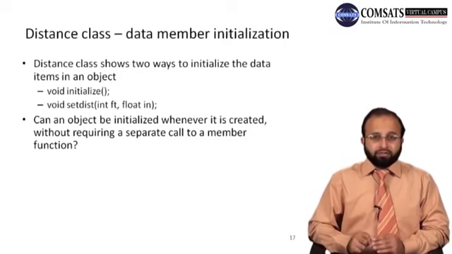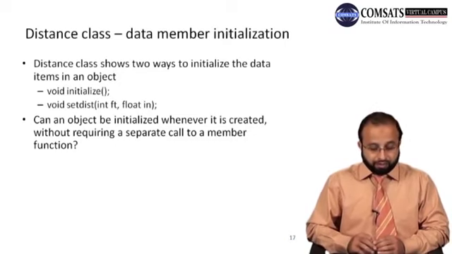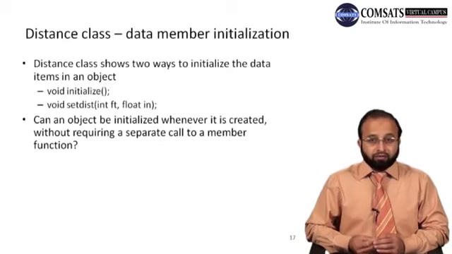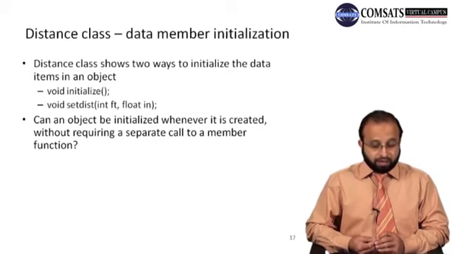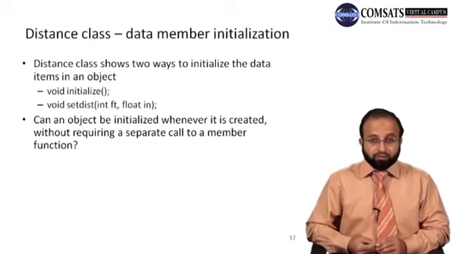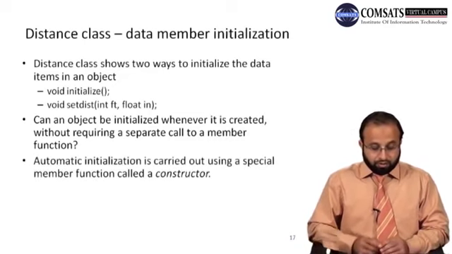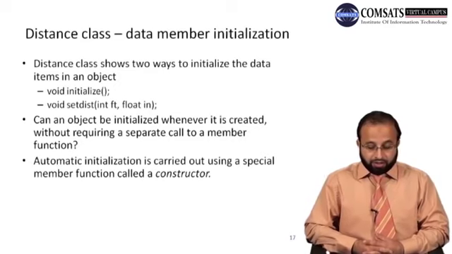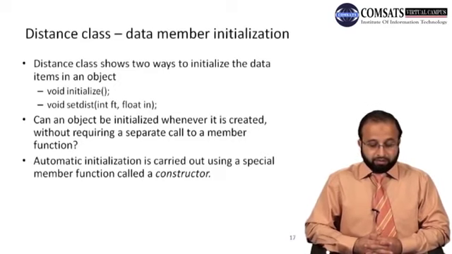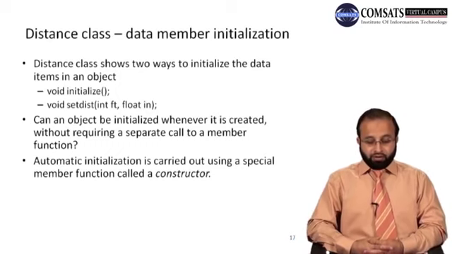So you have to call these functions in order to initialize the value of the private data member of the object of the distance class. But can an object be initialized whenever it is created without requiring a separate call to a member function? Yes, it is possible. This is called automatic initialization, and it is carried out using a special member function called a constructor. So we will end over here.